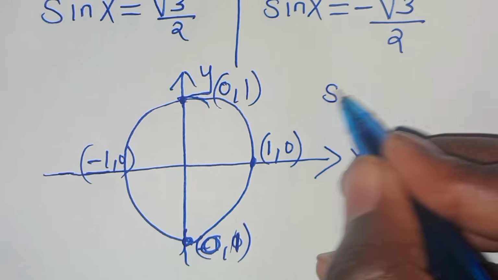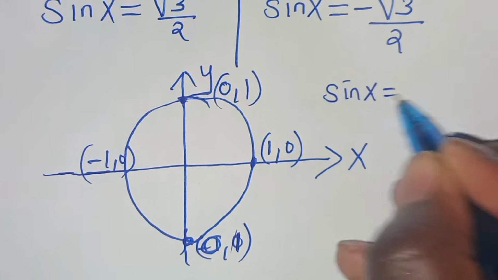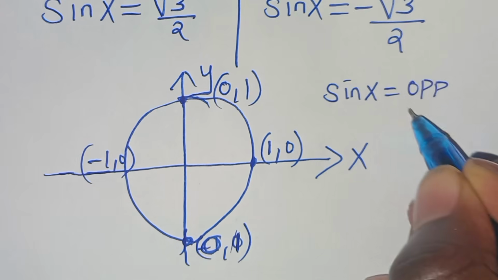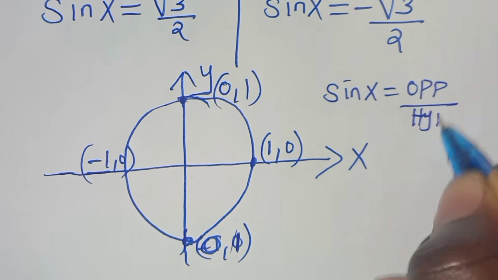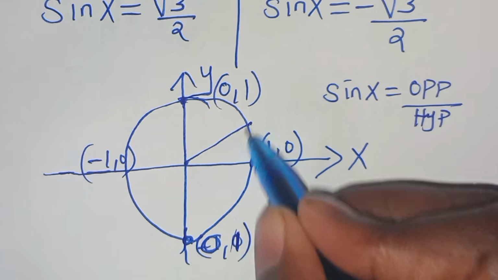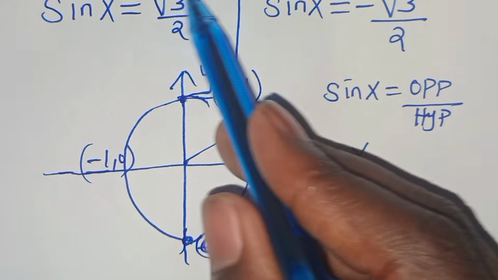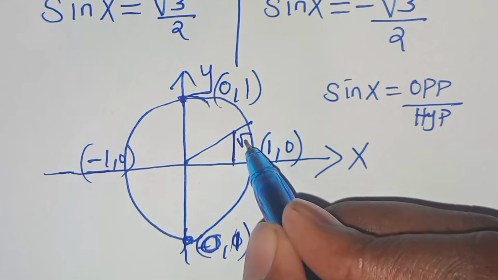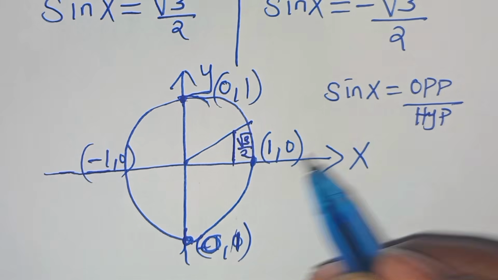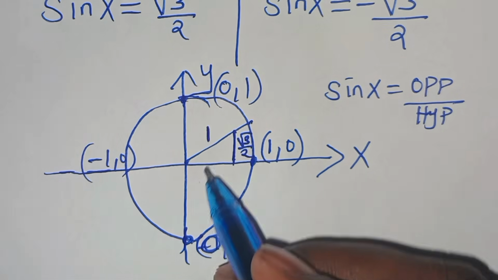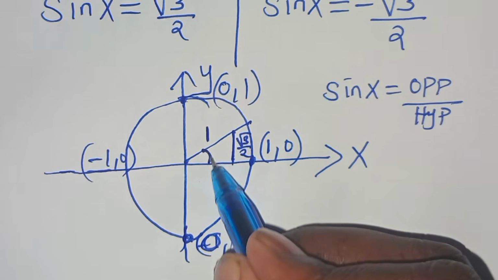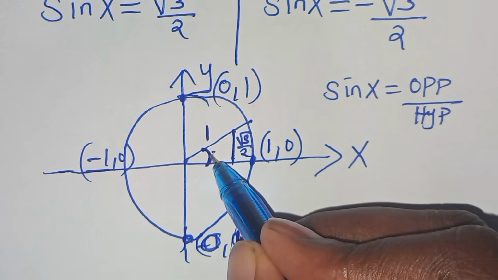We have that sine x is equal to opposite over hypotenuse. So here we have our opposite here. This is square root of 3 over 2. So we have root 3 over 2, and we have hypotenuse is 1. Now, in this case, we have an angle of 60 degrees.